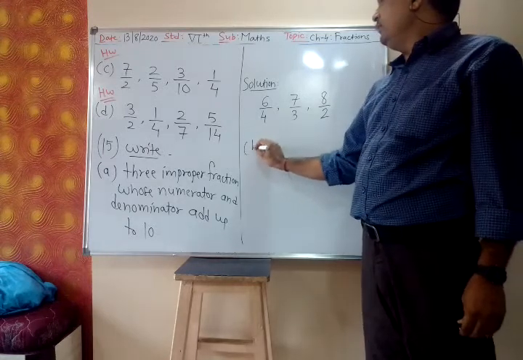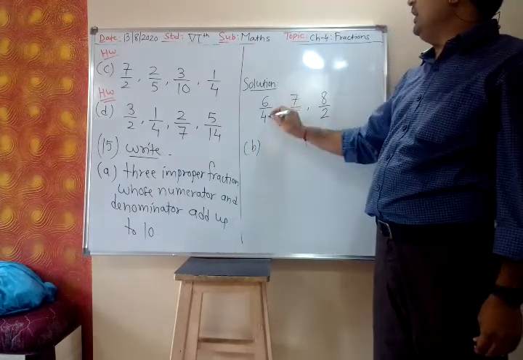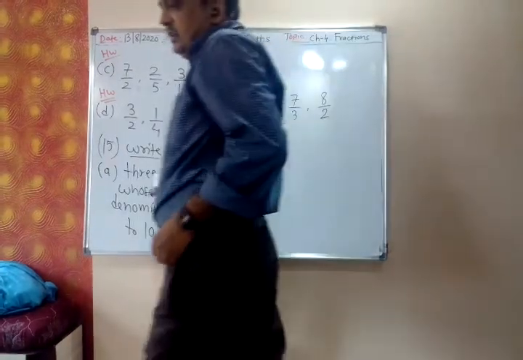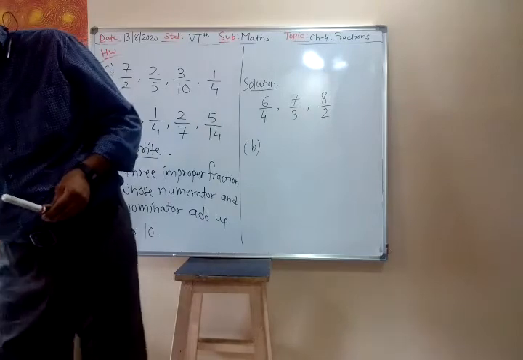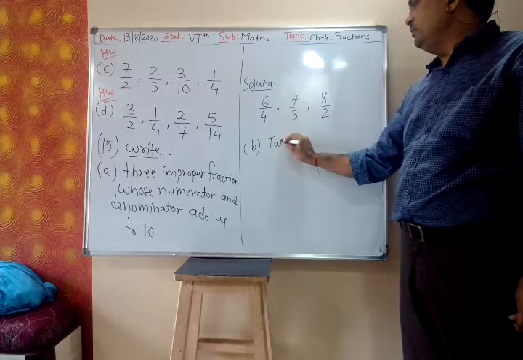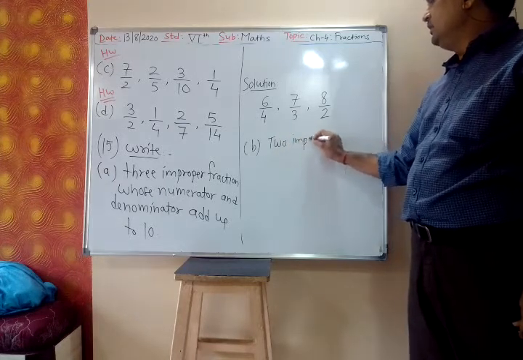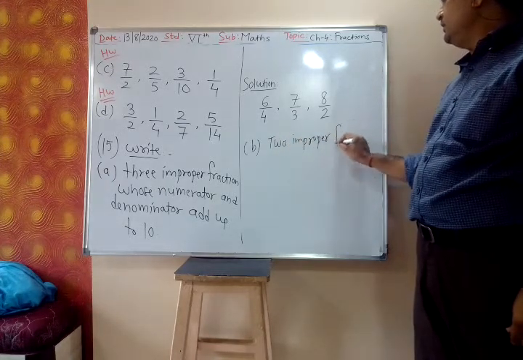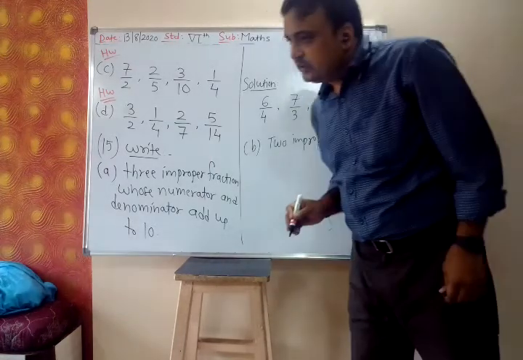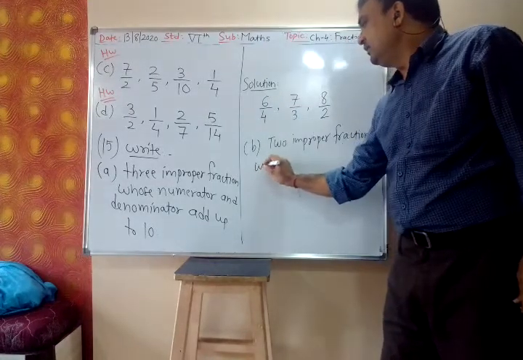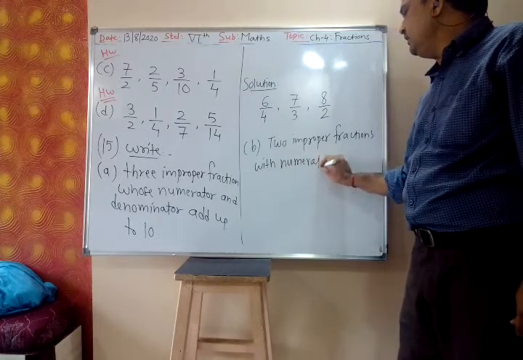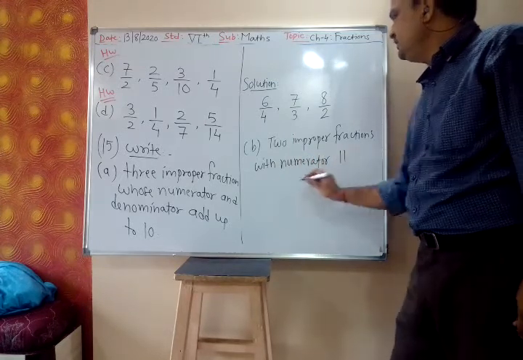Then second, B: 2 improper fractions with numerator 11. Very easy.